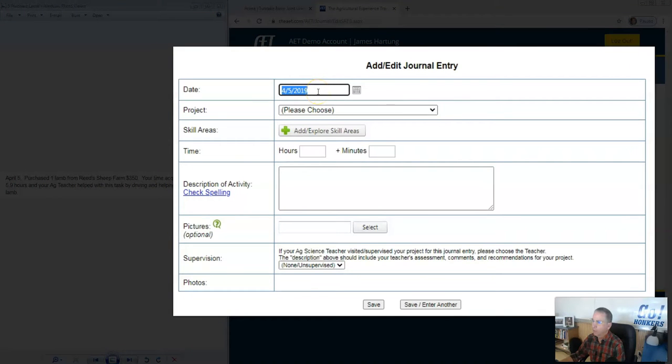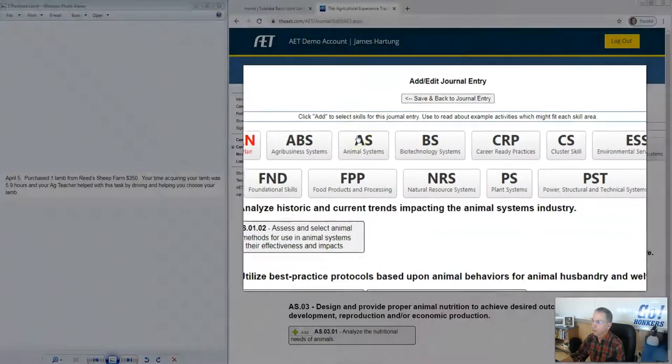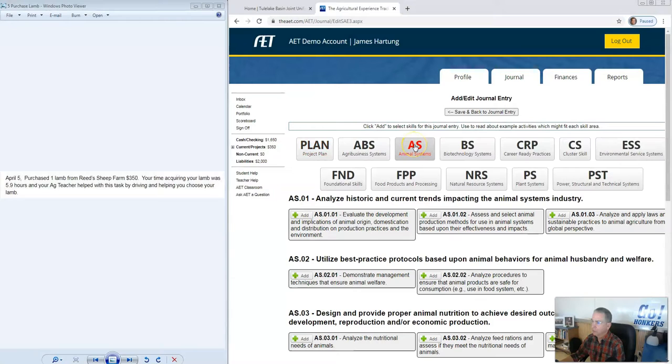Confirm 4/5/2019. Which project? 2019 show lamb. Skill area. Animal systems. Let's go ahead and click 1.01 and 1.02. Save and back to journal.